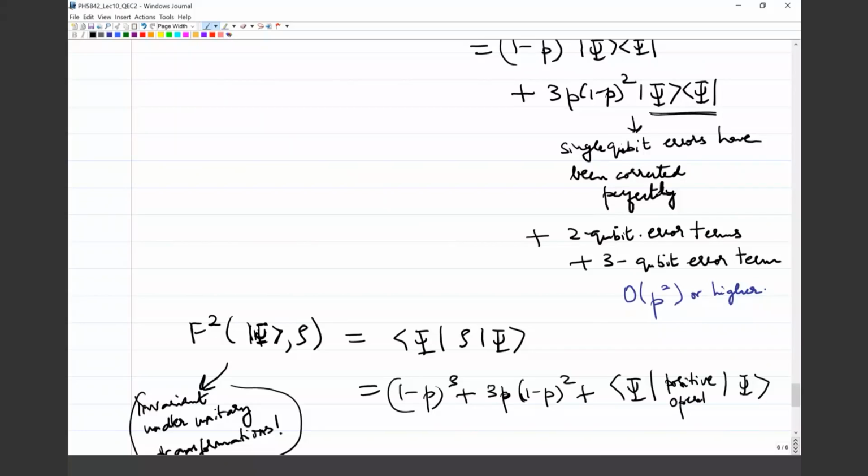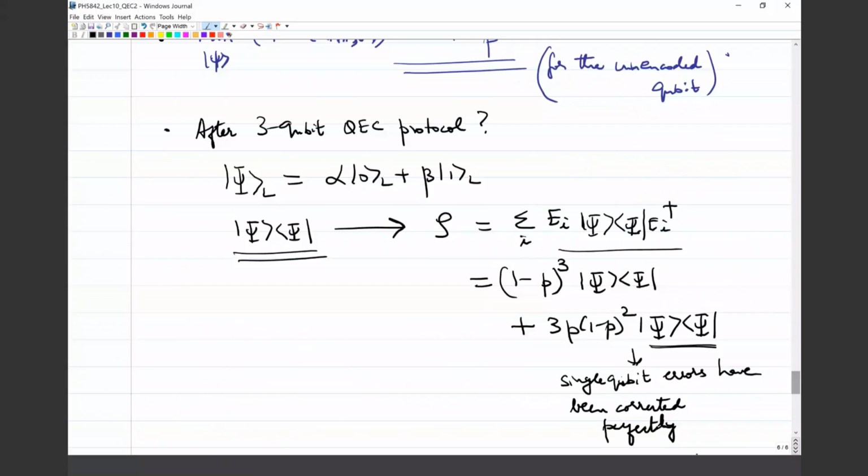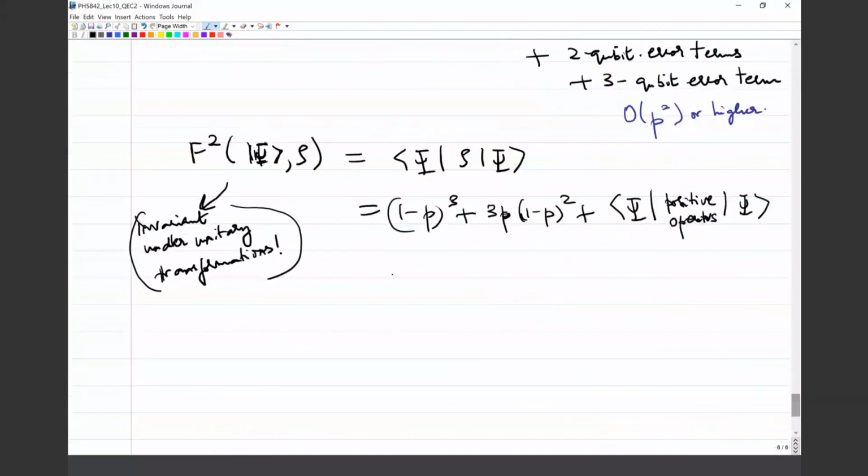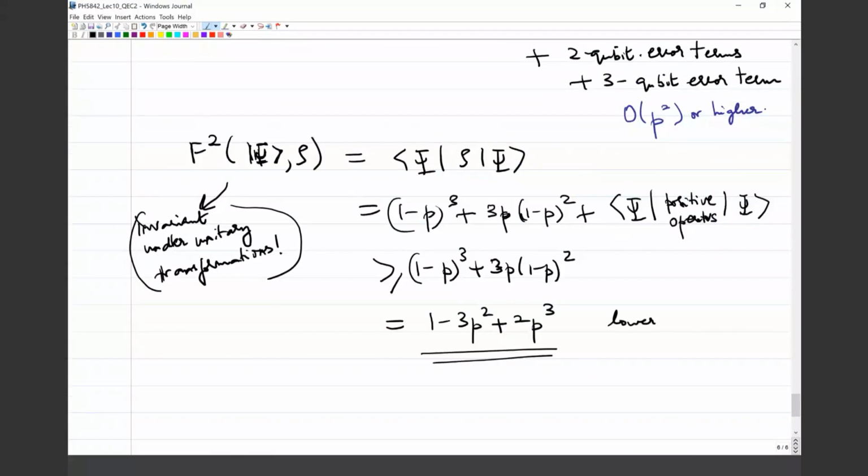Every term in this kind of a Kraus decomposition is a positive operator, so everything that I'm sandwiching between the psi is a positive operator. So this is greater than or equal to 1 minus p the whole cube plus 3p times 1 minus p squared. And this, as you know, is nothing but 1 minus 3p squared plus 2p cube. This is what we already worked out. So this gives me a lower bound, and I automatically get a state independent lower bound on the fidelity.